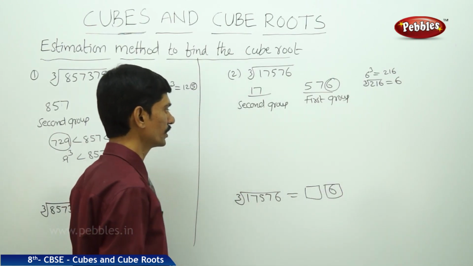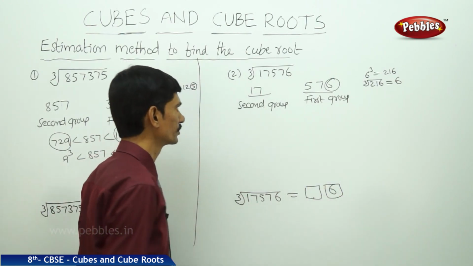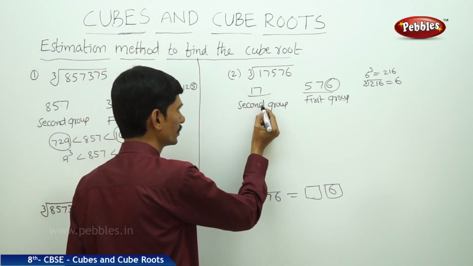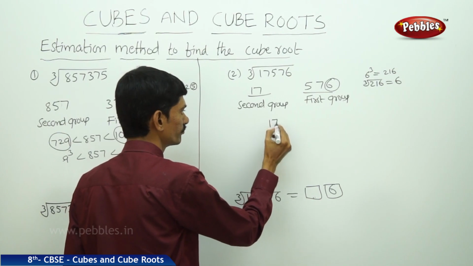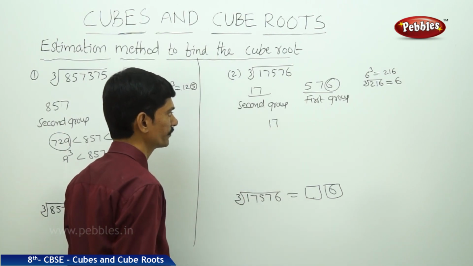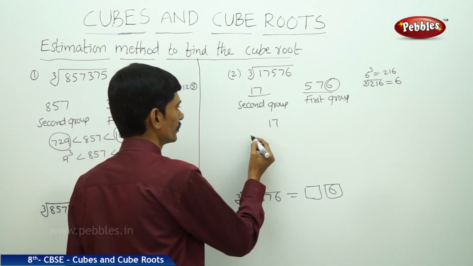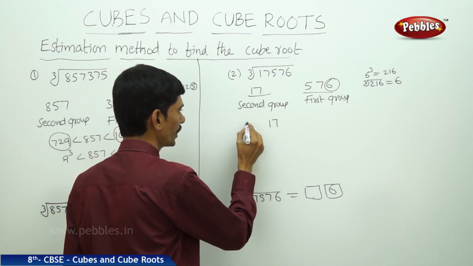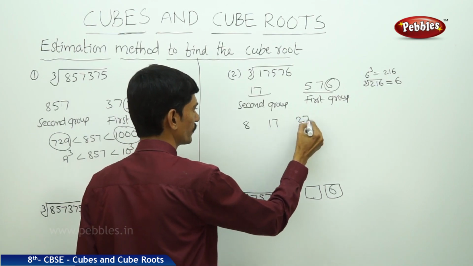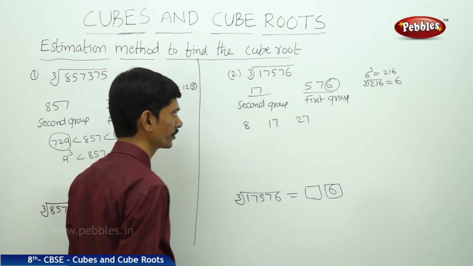Now you should find out the tens place of the cube root. For that, consider the second group, that is 17, and 17 lies between which two perfect cubes? We know that 17 lies between 8 and 27 because 8 and 27 are perfect cubes.